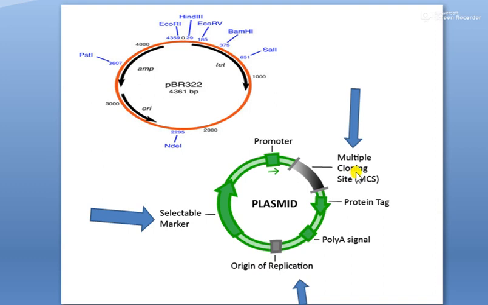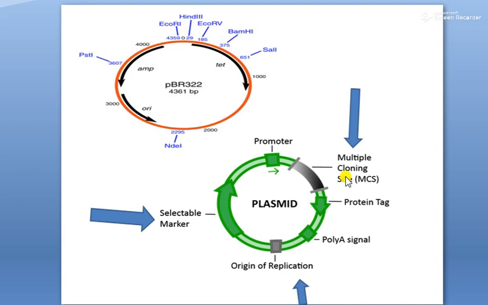Otherwise, you can say it is the site where a restriction endonuclease cuts the DNA segments. And the next one is multiple cloning sites. That means a place where we can cut with different varieties of enzymes, such as EcoRI, HindIII, BamHI. These kinds of restriction endonucleases we can use for cutting the DNA molecules.